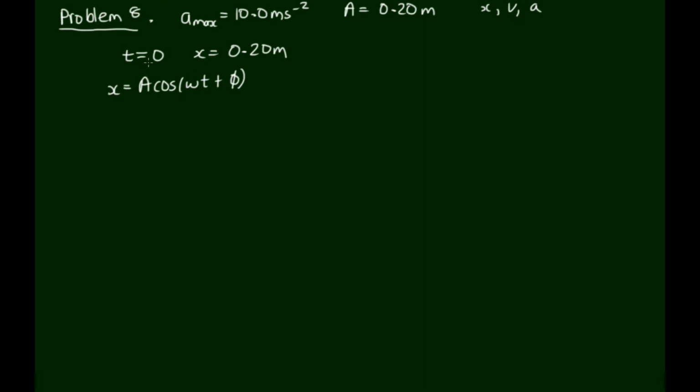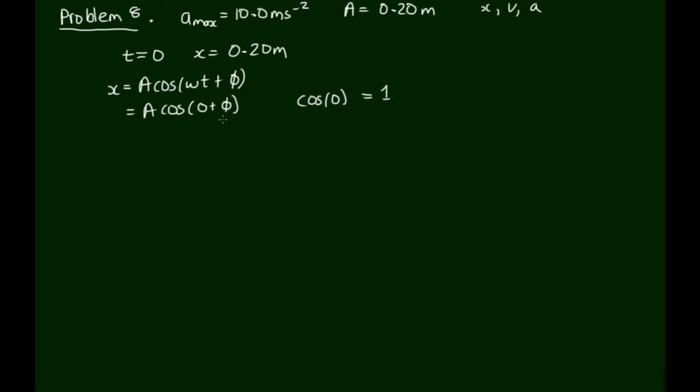Now at t equals 0, it's got its maximum displacement. So we've got a cos omega t, where t is 0, so this is 0 plus phi, and this has to have its maximum value. So cos has its maximum value when the angle in here is 0, because cos of 0 is equal to 1.